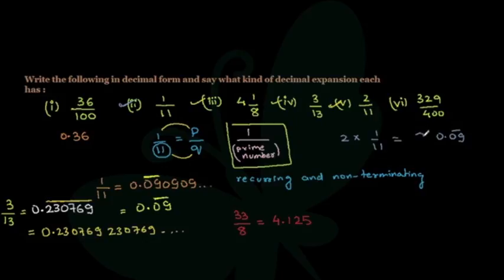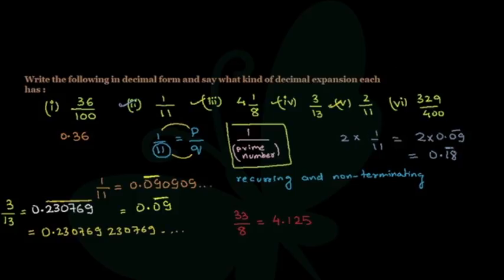So if you multiply this by 2, what would you get? Yes, you are correct, you will get 0.18 bar. So the block of two digits which is repeating is 18. It will be 0.181818 and so on. It will keep on repeating 18 infinitely.